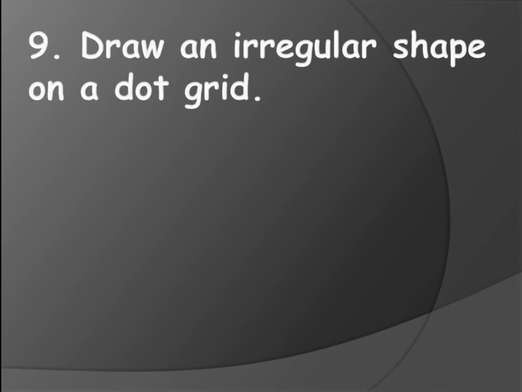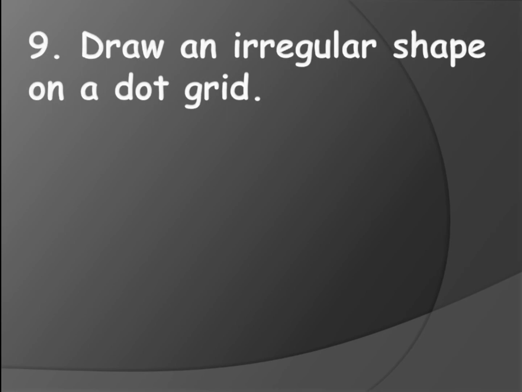A regular shape is nothing but the shapes which we have learned already: the circle, triangle, quadrilaterals which have 4 sides, or hexagon, heptagon, pentagon, octagon, nonagon, decagon. All these are perfect shapes which we have seen already, isn't it? Other than that, if you make any shape, that becomes an irregular shape.